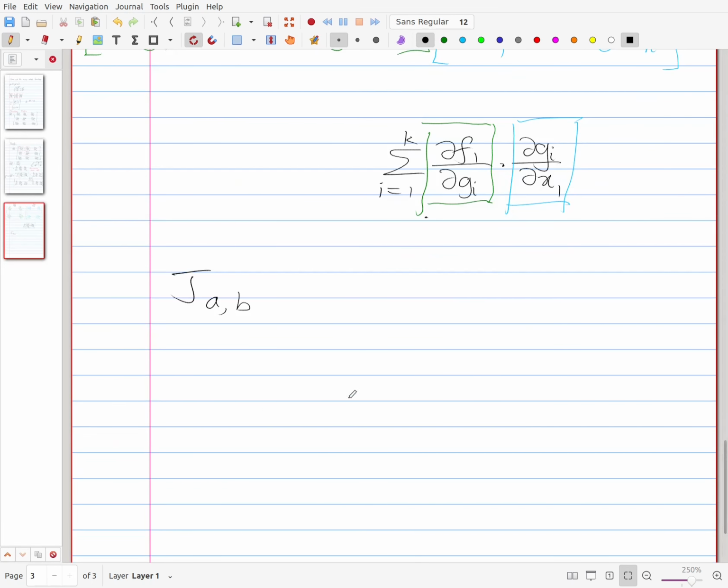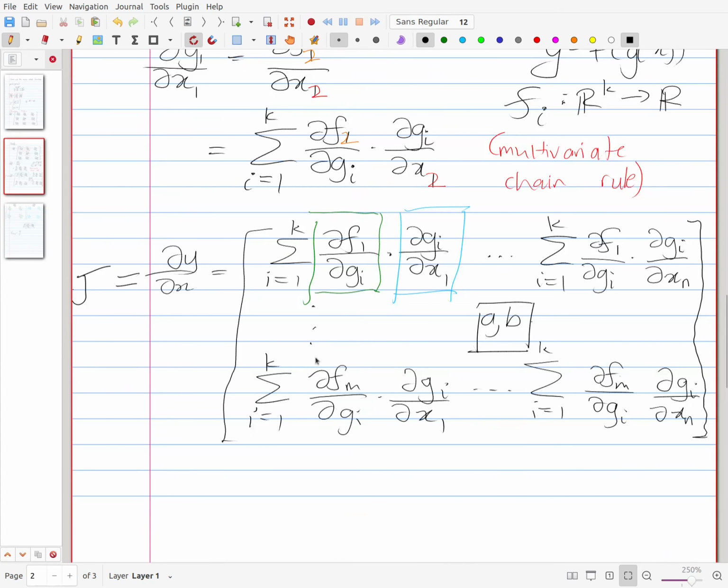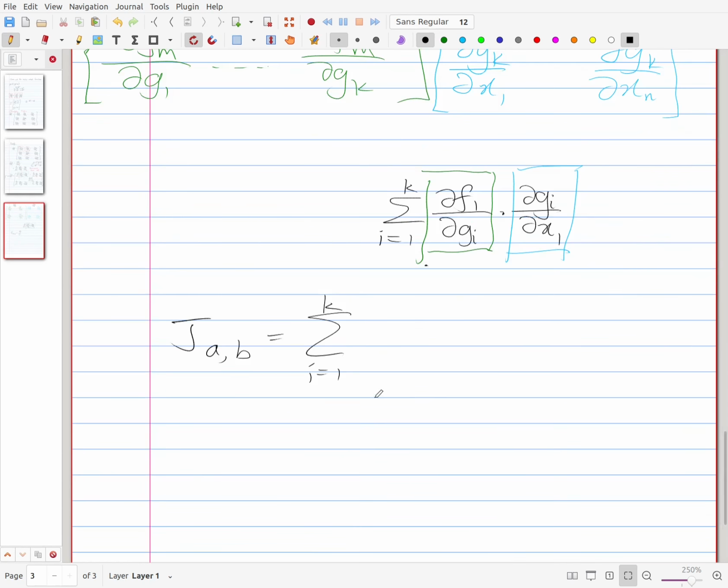Okay, so it's the ath row. And the ath row means that we're looking at a component function fa, and with respect to xb.